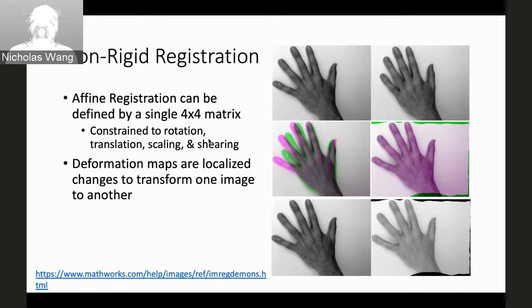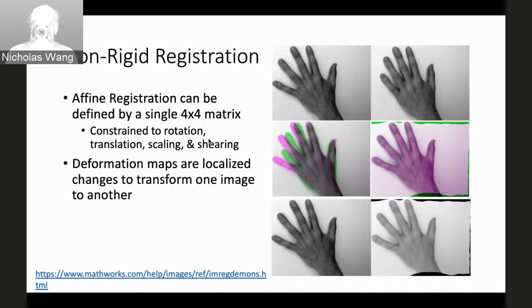And so non-rigid registration, this is an example from MATLAB, where this example is trying to align two hands on top of each other. It's the same rough structure, but there's been some movement akin to, say, heartbeat or breathing artifact you might see in another modality.